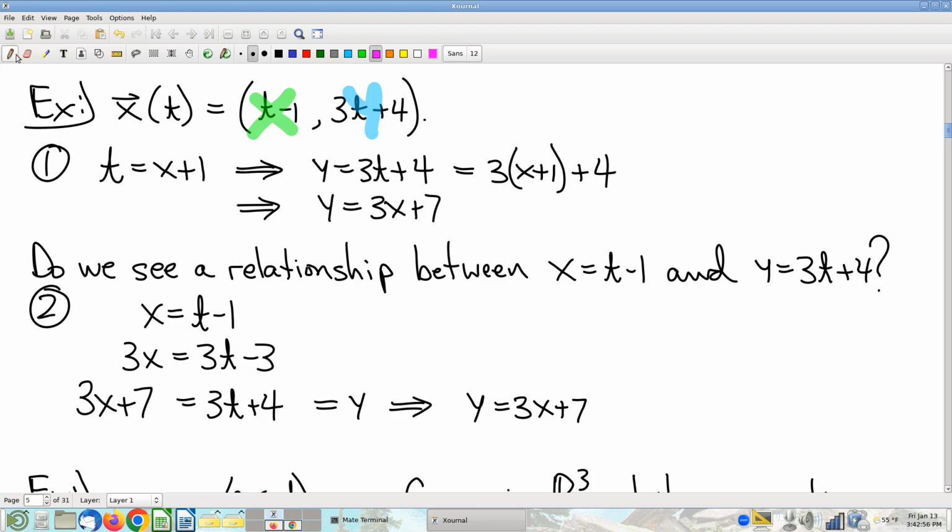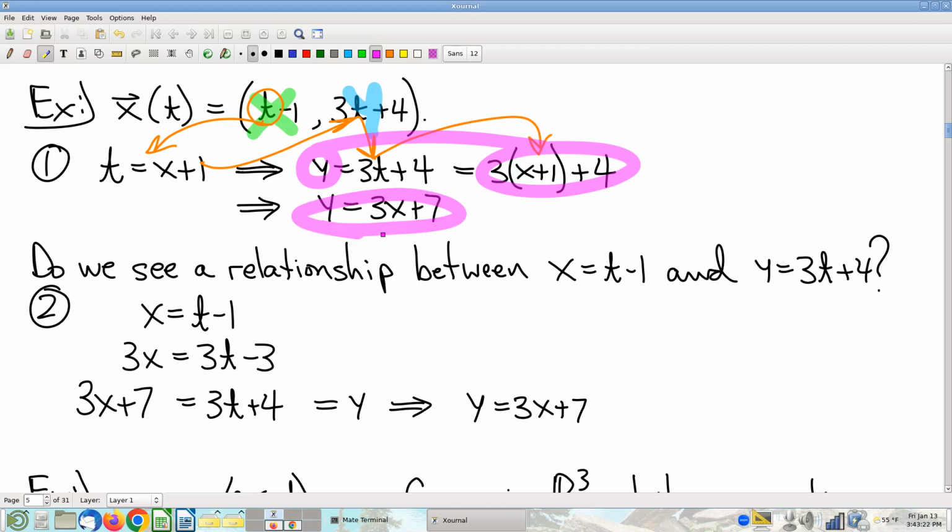What you're going to do with this technique is solve for t in the first formula, then plug that into the second formula, and out comes a relationship between x and y, which you can multiply out, simplify, and out comes the equation of a line. So, as a result of this little clever plugging in process, we see that this parameterization parameterizes a line. Everybody see how that works?